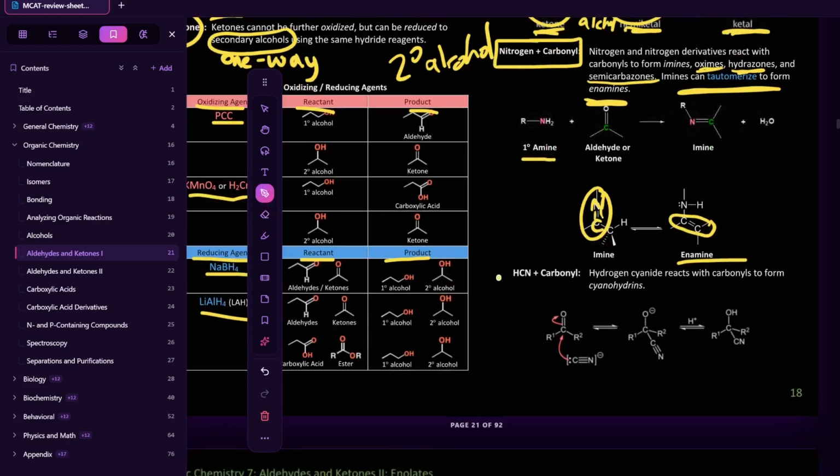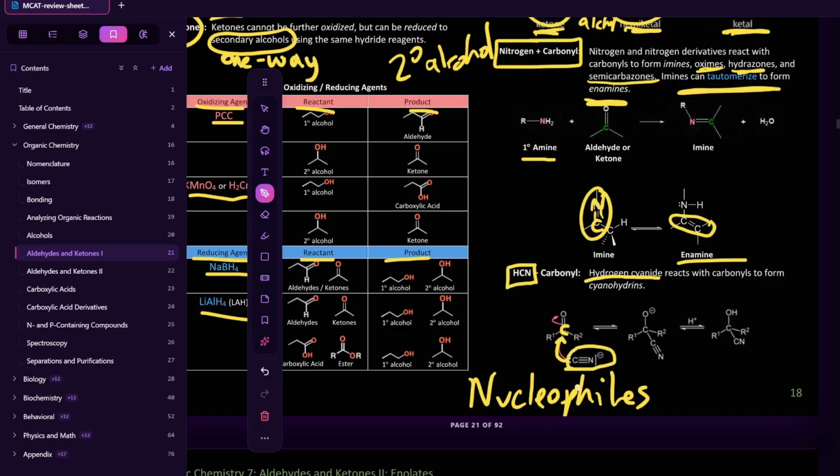Now we have this HCN, hydrogen cyanide. So cyanide can attack as well, and it's last on the nucleophile list. We're talking about nucleophiles, by the way. And so the cyanide carbon attacks the carbonyl carbon. This is the carbonyl carbon. This is attacking, this would be your cyanide, right? So the cyanide carbon attacks the carbonyl carbon, pushing the electrons onto oxygen.